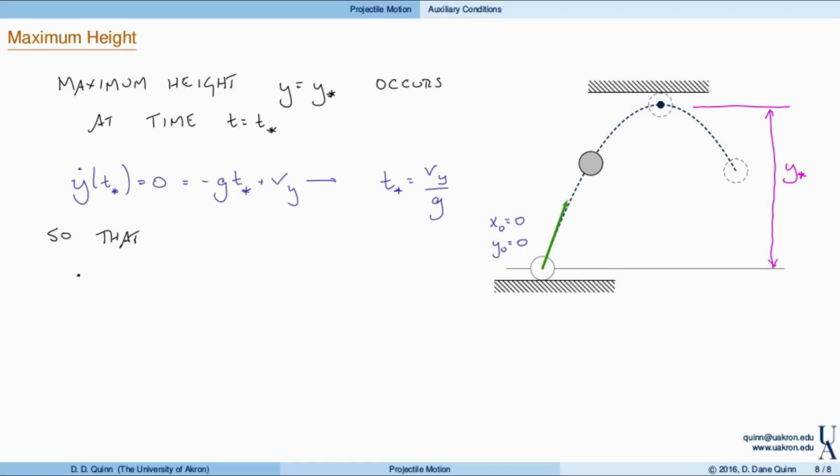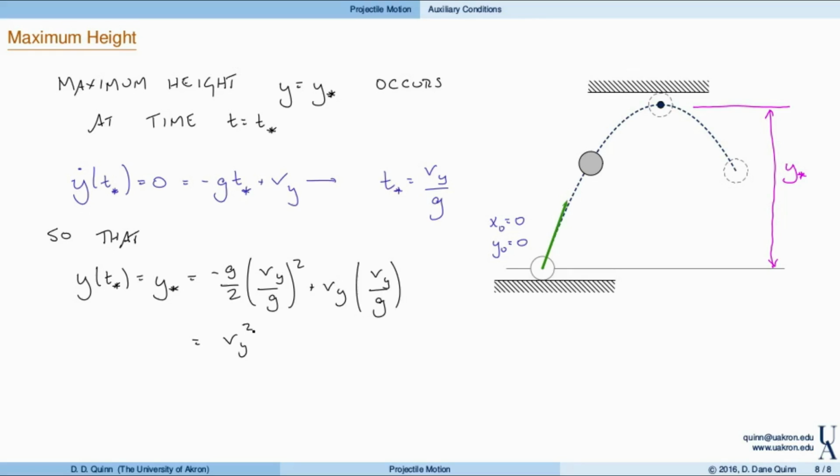In particular, the vertical displacement at this time was equal to y star, and we can solve that: minus g over 2 times t star, so that's vy divided by g squared, plus vy times t star equals vy squared divided by 2g.